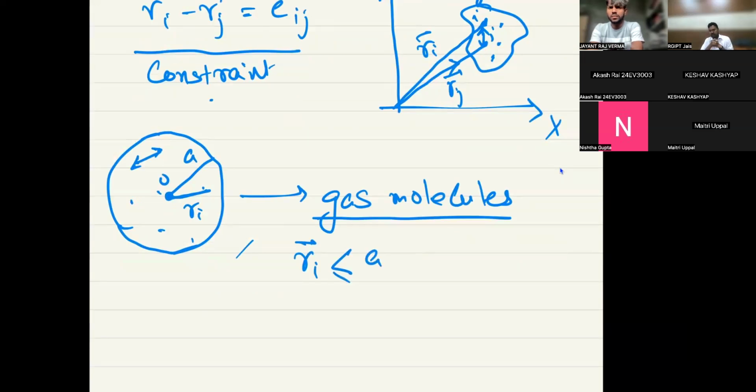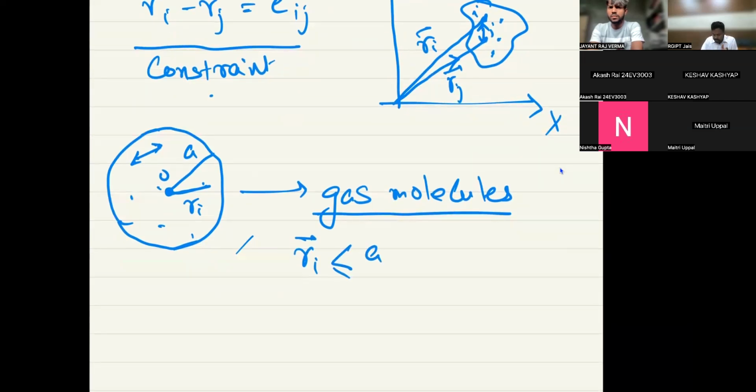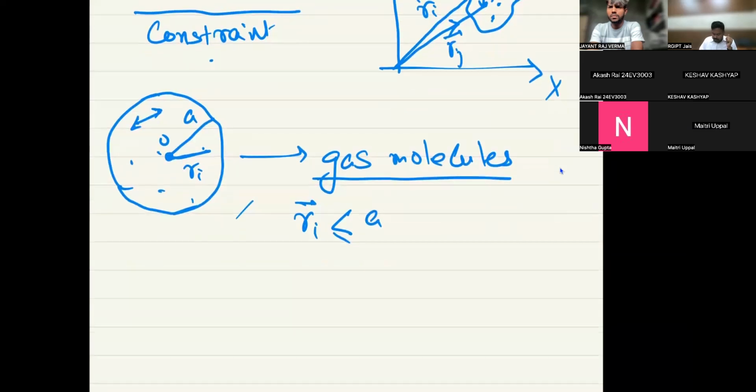So this is also an example of a constraint: these gas molecules cannot come outside this closed container. So whatever the condition or restriction we impose on the motion of the particles, those are called constraints.